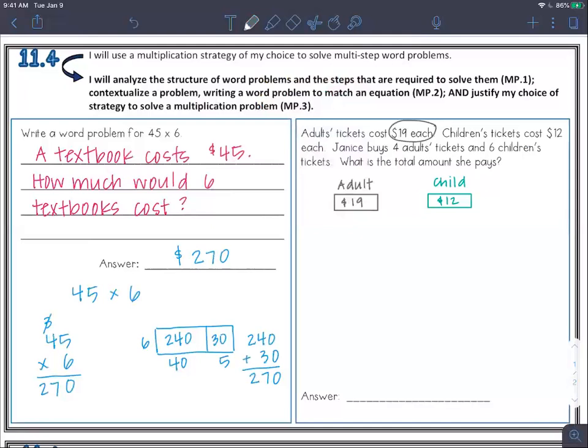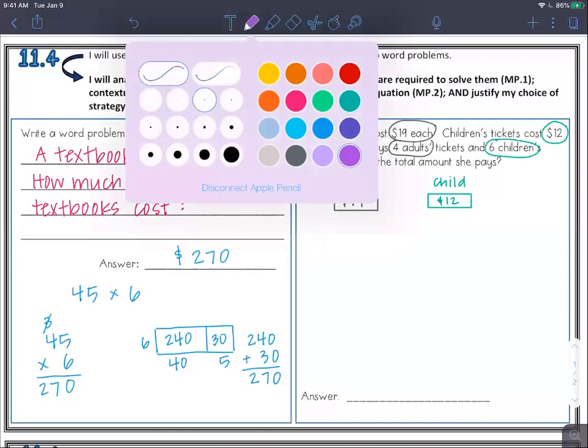And Janice is going to buy 4 adult tickets, okay? Now, the children's tickets, for one child, it costs $12, and she is going to buy 6 of the children's tickets. Okay? So let's go down here and solve.